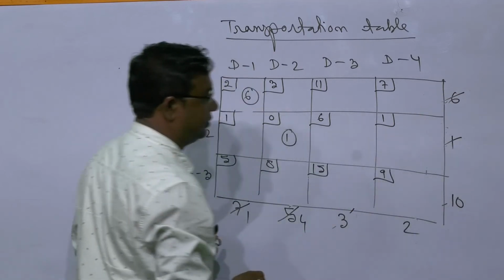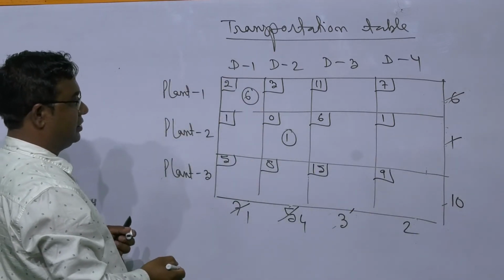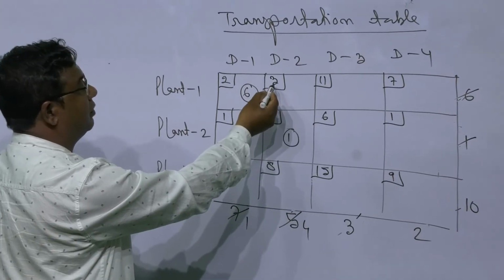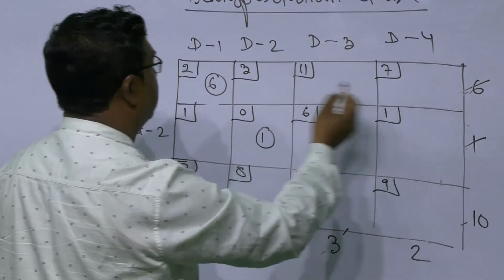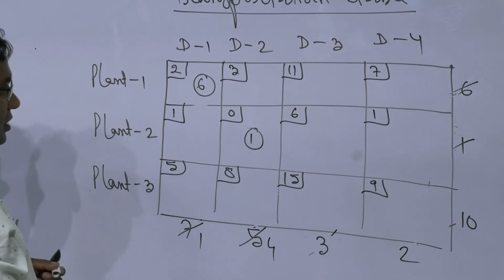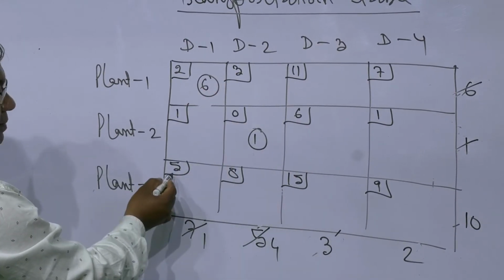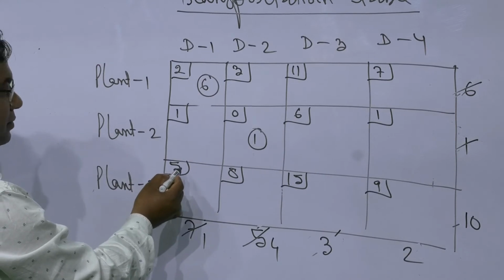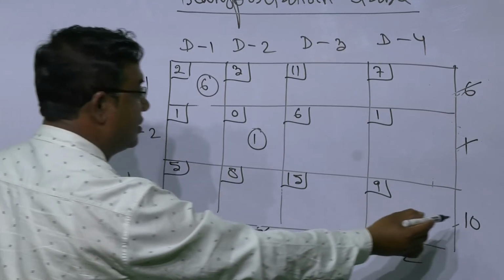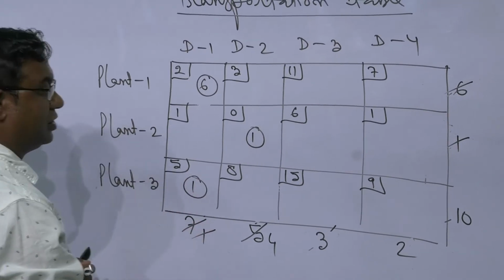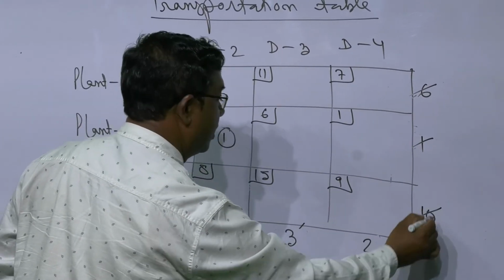This is exhausted. Then next is 3, but there is no entry in the first row, so we leave this. Next, the smallest is 5. Here is 1, here is 10. So you allocate 1, remove this, and the remaining is 9.